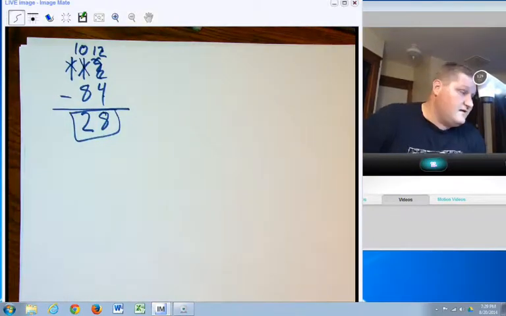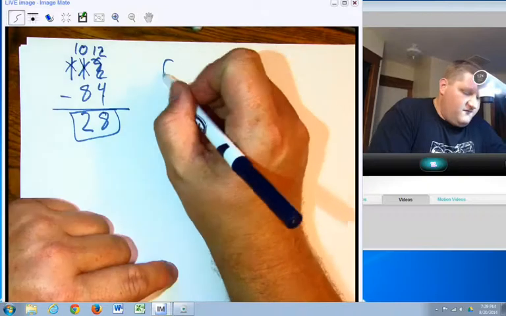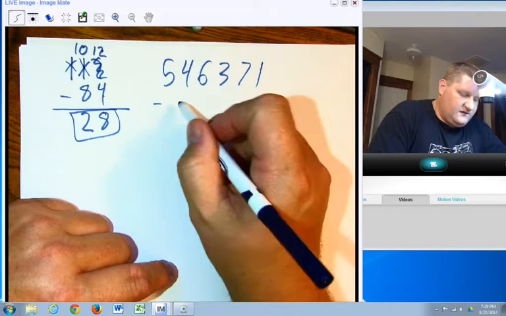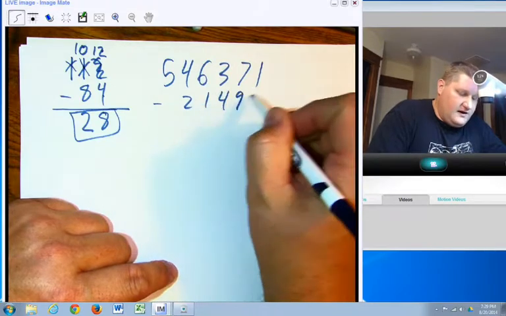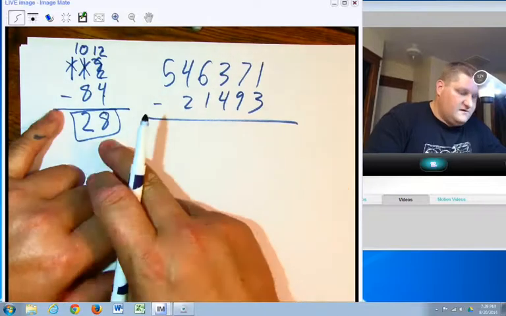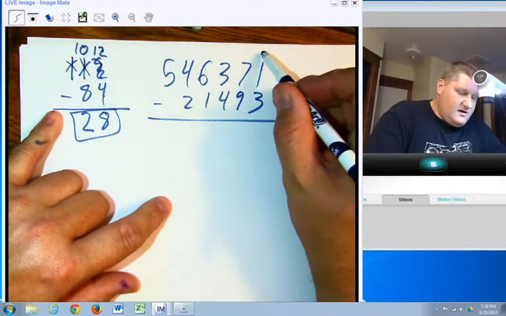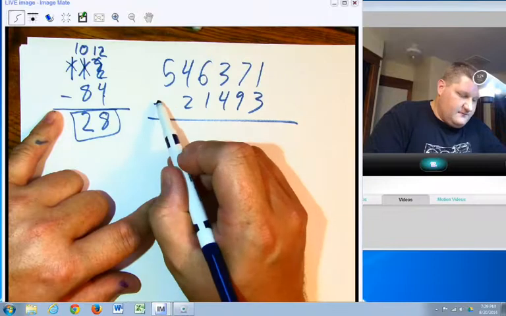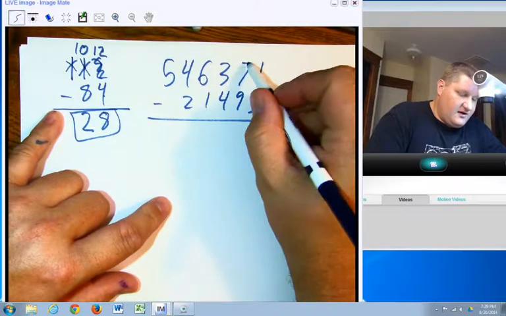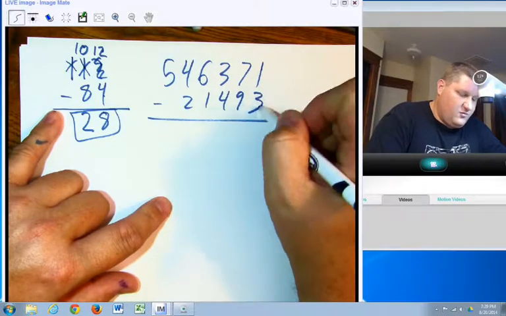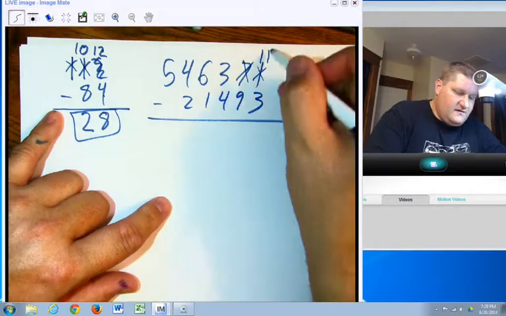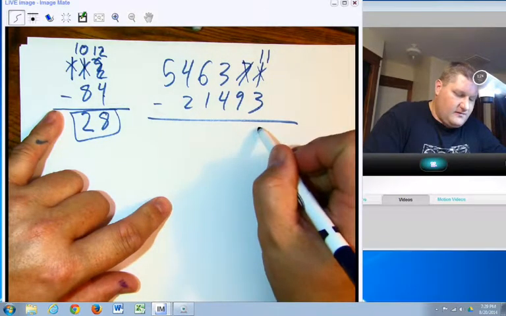Now, I can make this significantly longer. 546371 minus 21493. It doesn't matter how long it gets because the process stays the same. I didn't do adding because with adding, you simply put them together. But let's do subtracting here. I can't take away 3 from 1, so I'm going to turn this into an 11 but I have to borrow. 11 take away 3, I come up with 8.